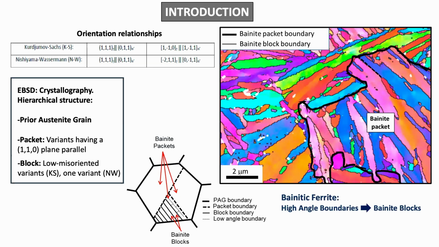Within them, we find packets of bainite where the different variants of bainitic ferrite share a plane of the family 110 that is common, that is, they are coplanar, and it is also coplanar to one plane of the family 111 of the austenite. If we go to a lower scale, we find blocks of bainite, where we find a single bainitic variant or a low-misoriented variant.